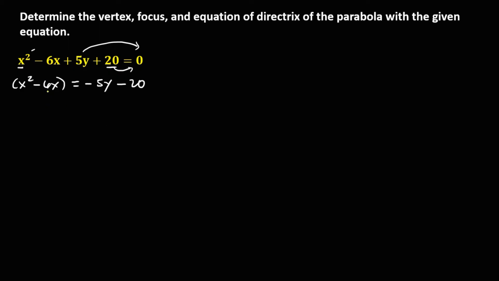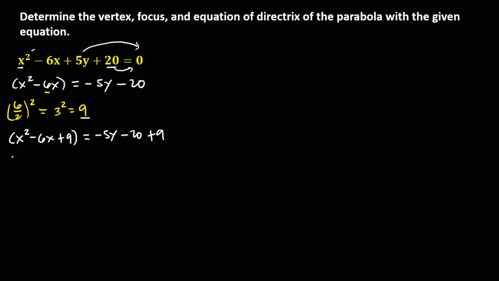Then for completing the square, take this number, that's 6, divide by 2, take the squared. So 6 divided by 2, that's 3, and 3 squared, that's 9. Then for the new equation, so we have x squared minus 6x, then add these numbers, plus 9, then equals negative 5y minus 20, then also plus 9.